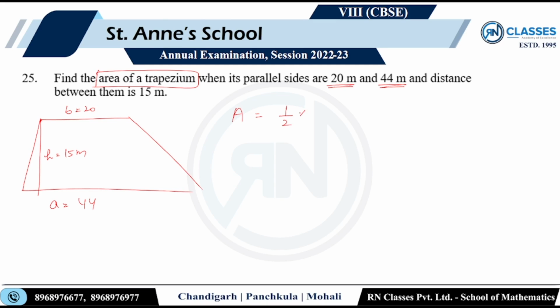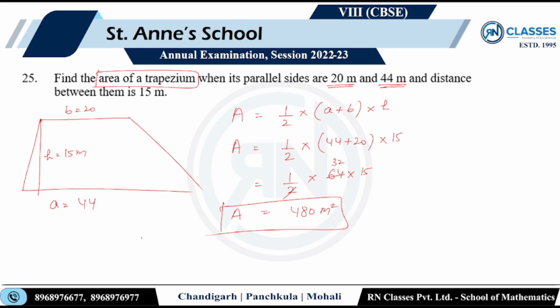Half into the sum of parallel sides into height. Height means distance between them. So area is half into 44 plus 20 into 15. So 1 by 2, 44 plus 20 is 64, into 15. So 2, 32 times. So 32 into 15 is 480 square meters. This is the area of the trapezium.